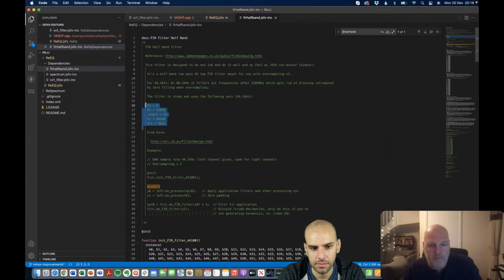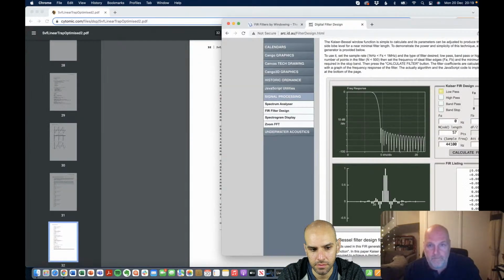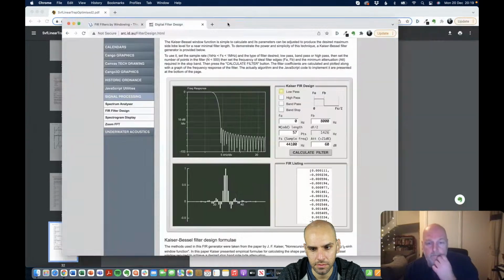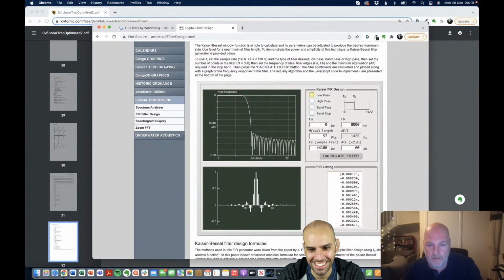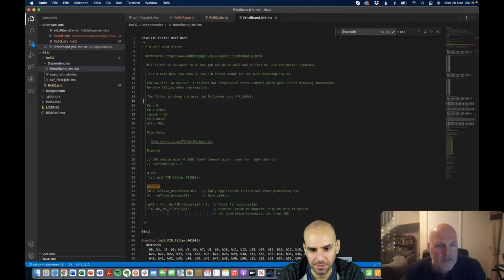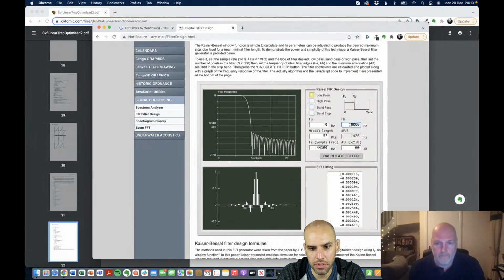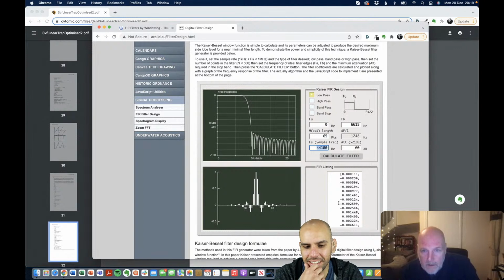So those put into this filter designer here. In fact, we could probably do it, couldn't we? Why not? So FB 22050, length 65. Let's talk about what these numbers are. FA is the... what is FA? 0 hertz.